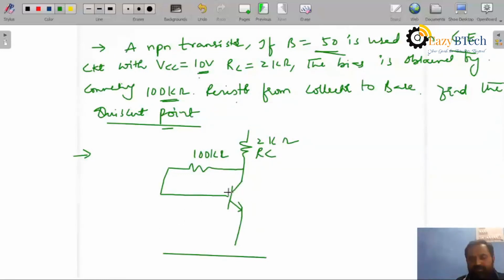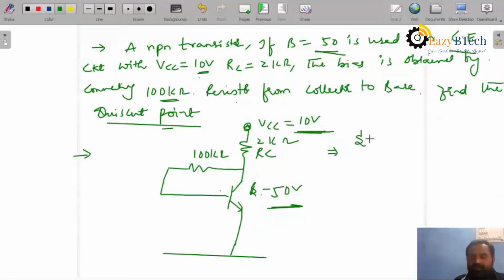Okay. This is VCC, 10 volts. This beta is 50. Okay. This we have to find, the stability factor. What is the stability factor for this?